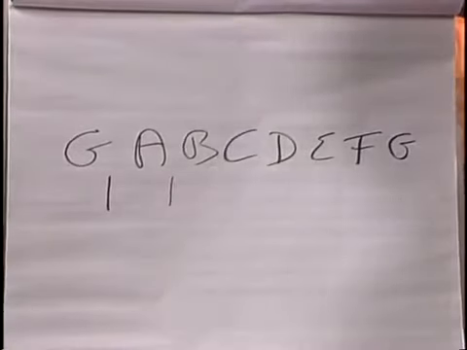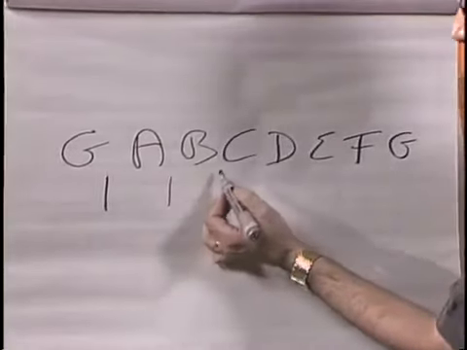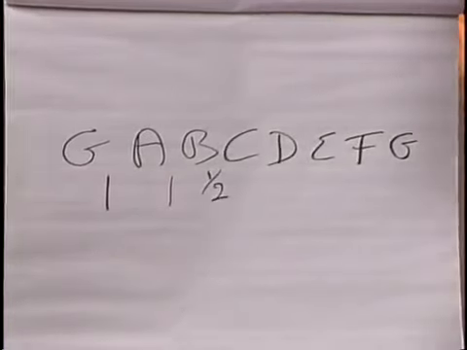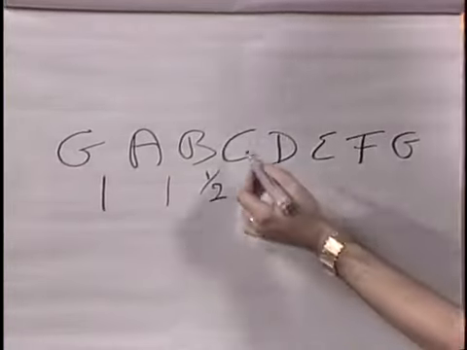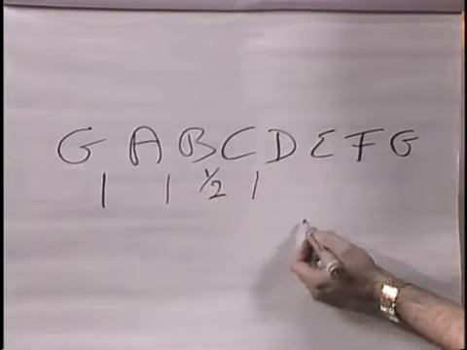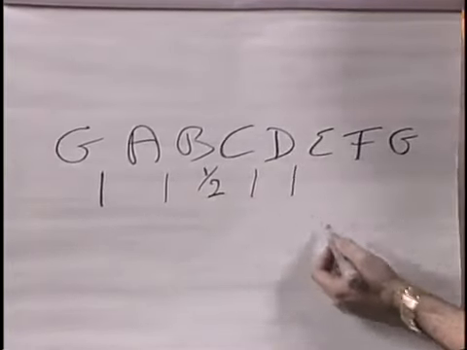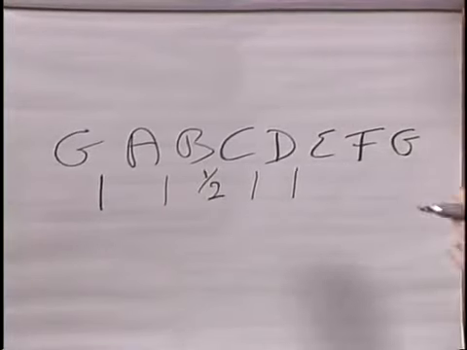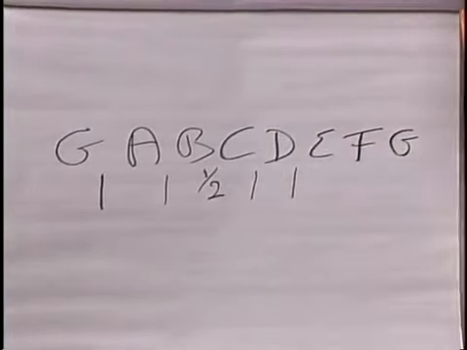Good. Now we need a half step, right? B to C, is that a half step? Yes, because B and C are natural half steps. Now we need a whole step. C to D is a whole step. D to E is a whole step. Uh-oh. We need a whole step. E to F are natural half steps.